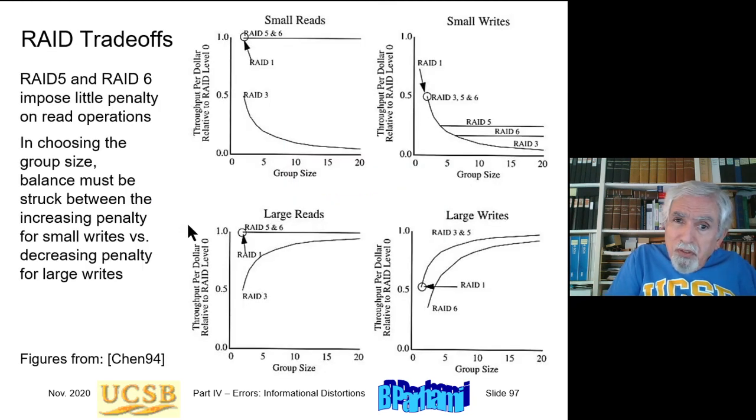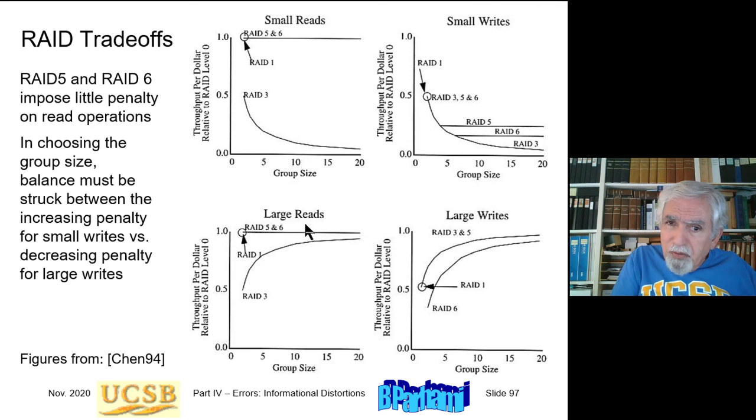So this basically shows the effect of parity group size on performance for different RAIDs. As you see, for example, for RAID 3, as the group size increases, its performance deteriorates for small reads. There are 4 categories. Small reads means reading of a small amount of information.